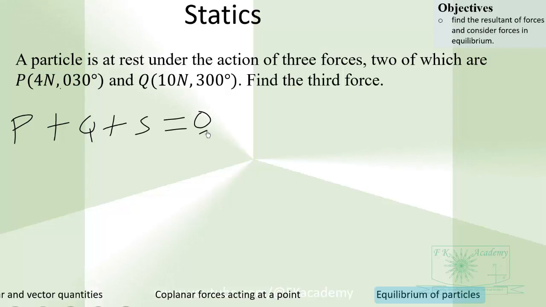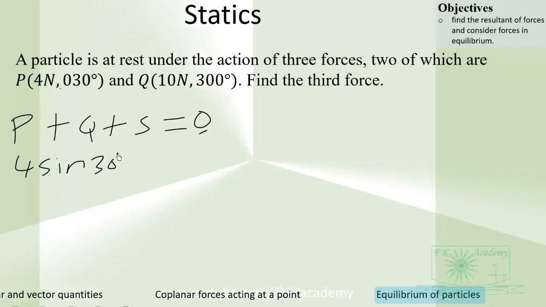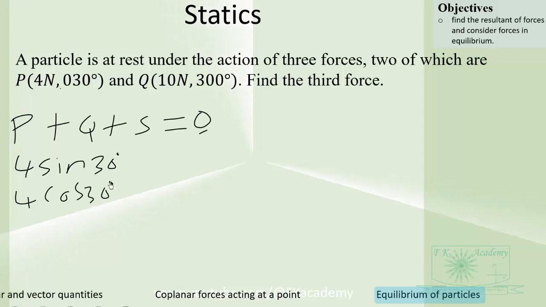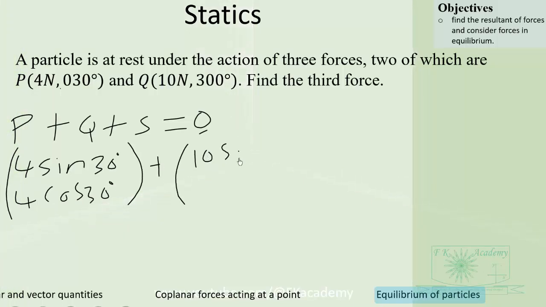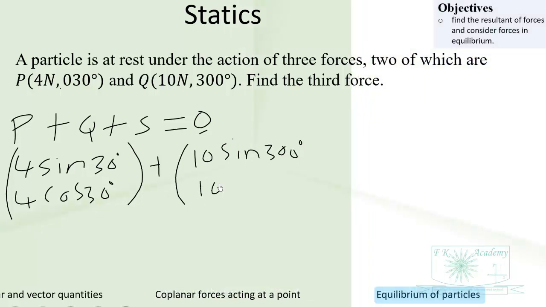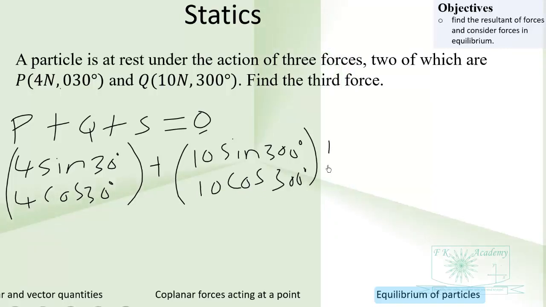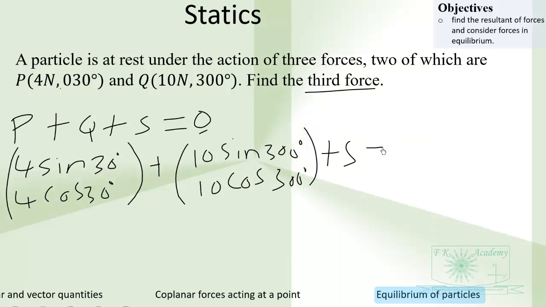So we need to resolve the forces. So P will be 4 sine 30 degrees and 4 cos 30 degrees. Then Q will be 10 sine 300 degrees and 10 cos 300 degrees. Plus S, the force we are finding, the third force. And this will give us 0, 0.